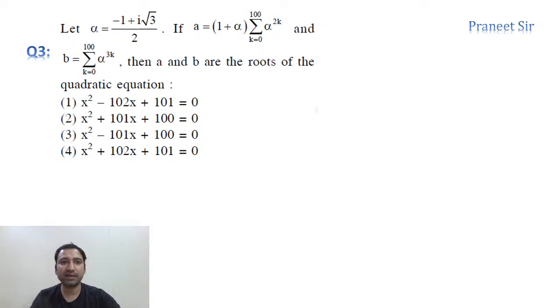So this is the next question we have. Alpha is given as minus 1 plus i root 3 by 2. So what is alpha here, guys? Any idea about this alpha? Is it omega only?